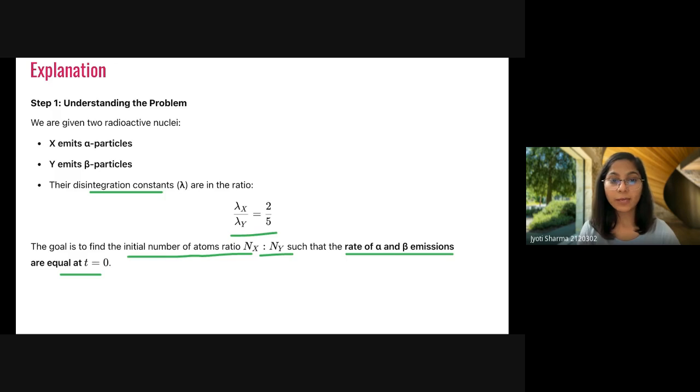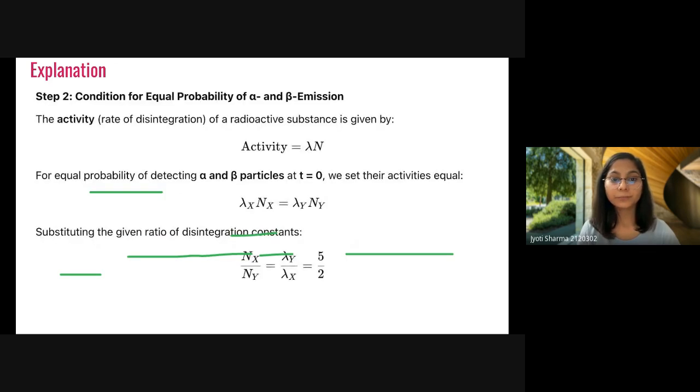As I told you, if it is the equilibrium condition, then the activity will be the same for both. So λx Nx is equal to λy Ny. Putting this, Nx upon Ny is equal to λy upon λx, which is 5/2. So this is the inverse of the ratio, and that's how the answer 5:2 is the right one.